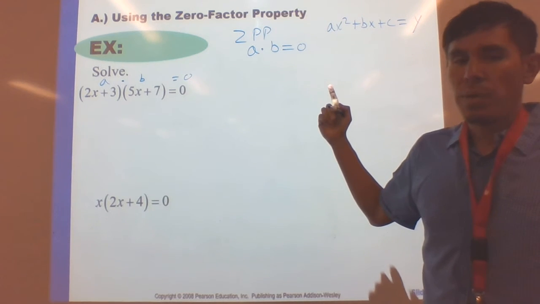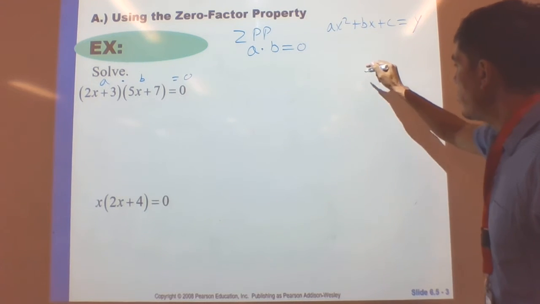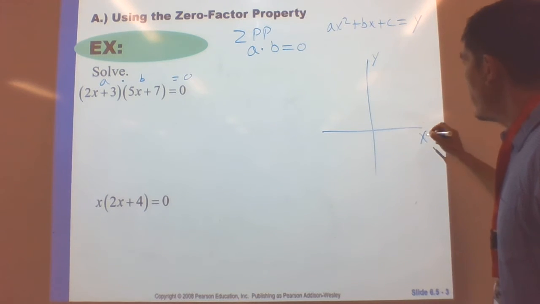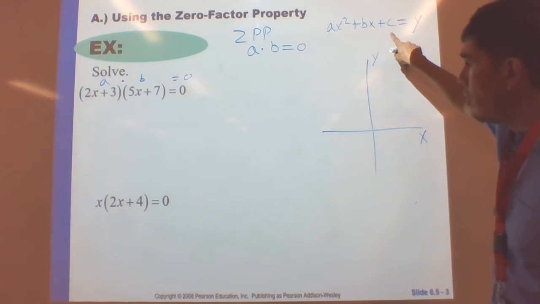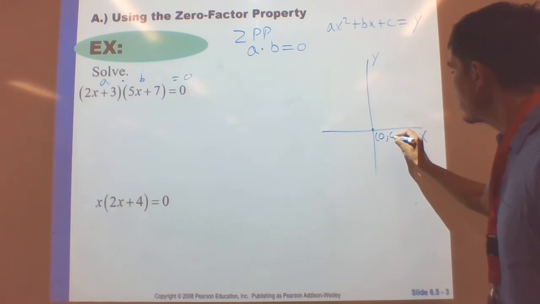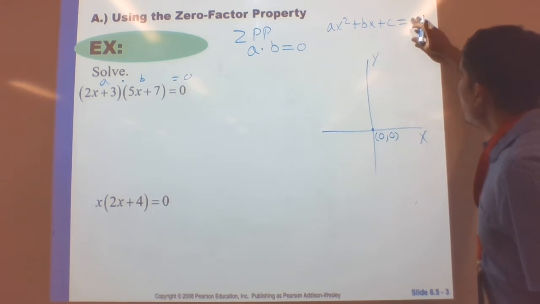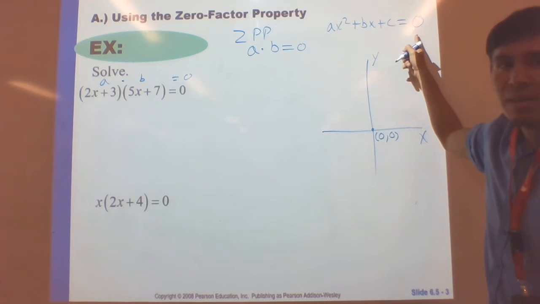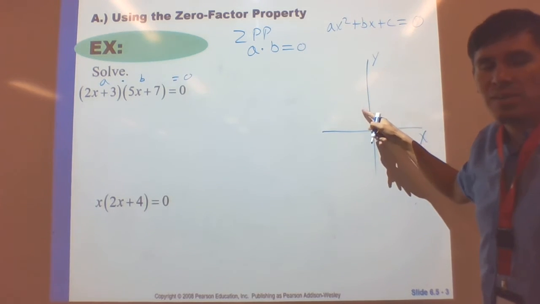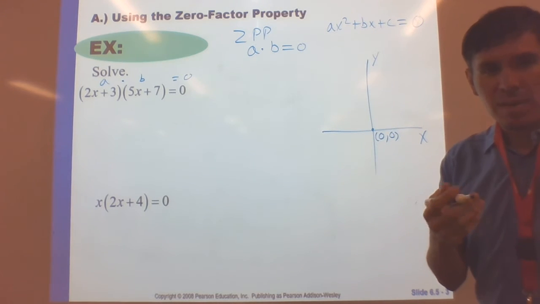What we're trying to do here is set this equation equal to the y value of 0, and it'll tell me if it crosses the x-axis. Anytime we set this y value equal to 0, it'll tell me if this quadratic touches my x-axis. If it does, then we have a zero.